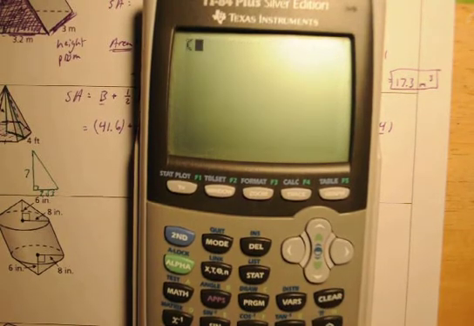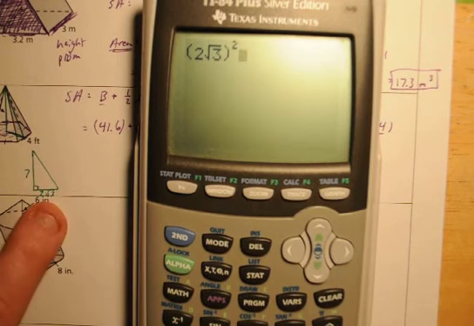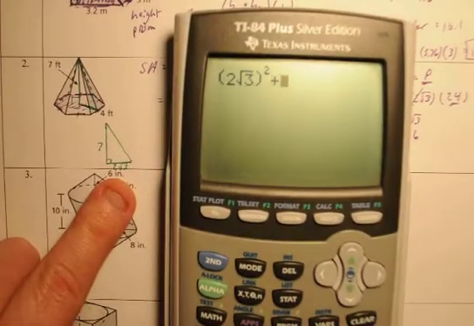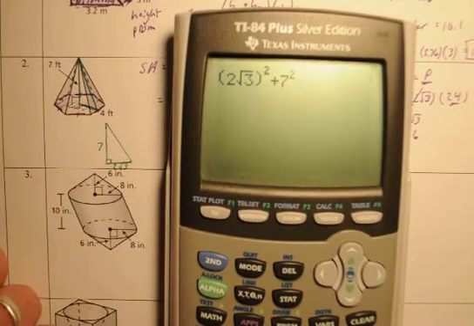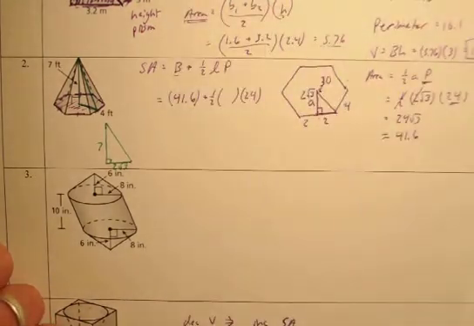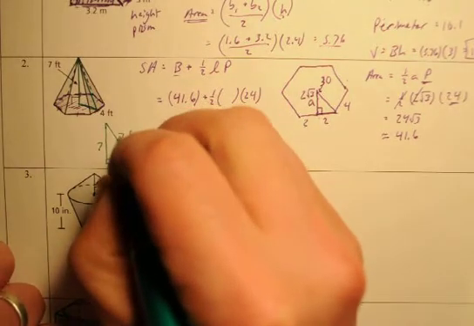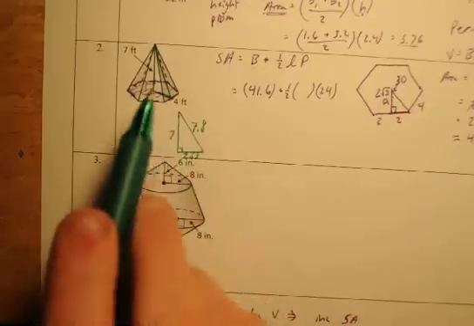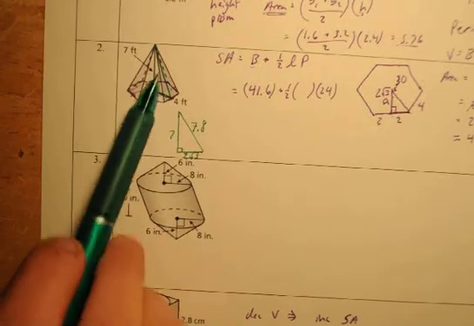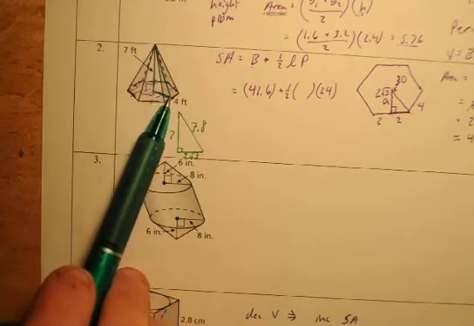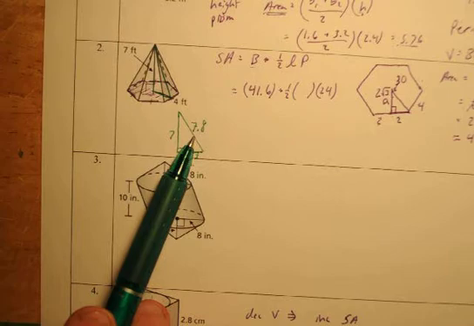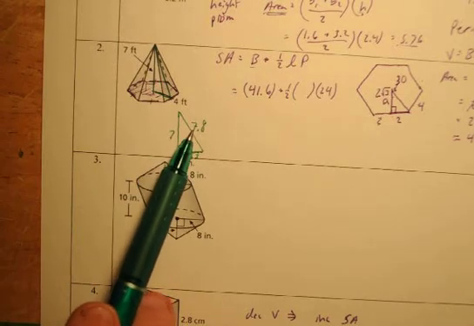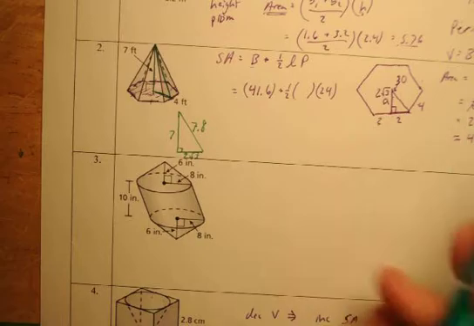So do 2 root 3 squared plus 7 squared, and do the square root of that. 7.8. Okay, so here's the deal. The height is 7, and the slant height going down the side is 7.8. Difference. Height, slant height. Slant height is what you use for surface area.